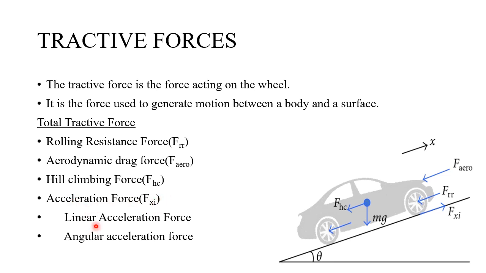There are two types of acceleration force: one is linear acceleration, and the other is angular acceleration, because the vehicle has to turn at an angle, therefore angular acceleration force is also considered. So all these forces together are called tractive forces.